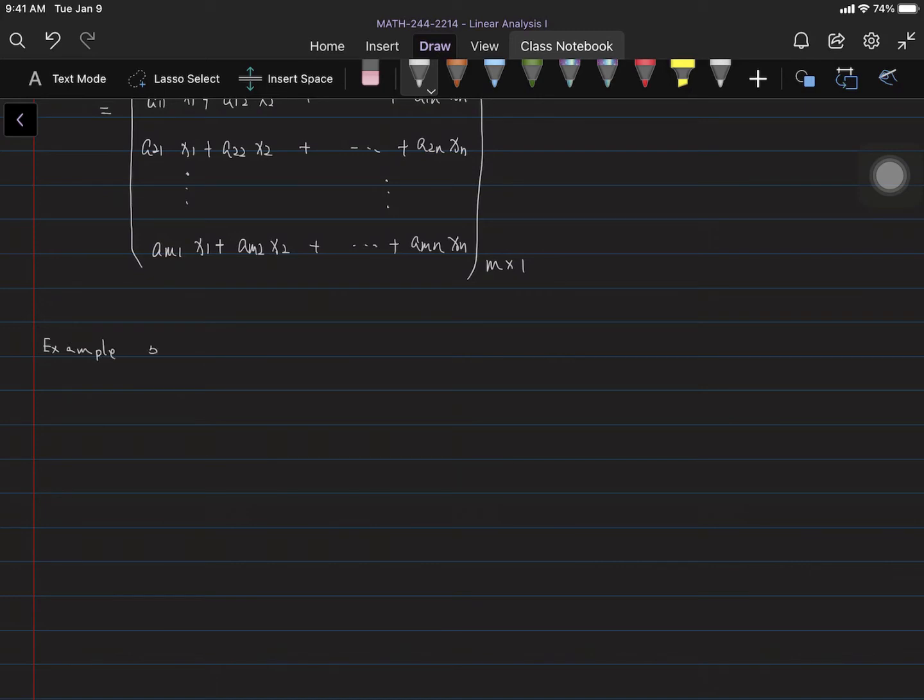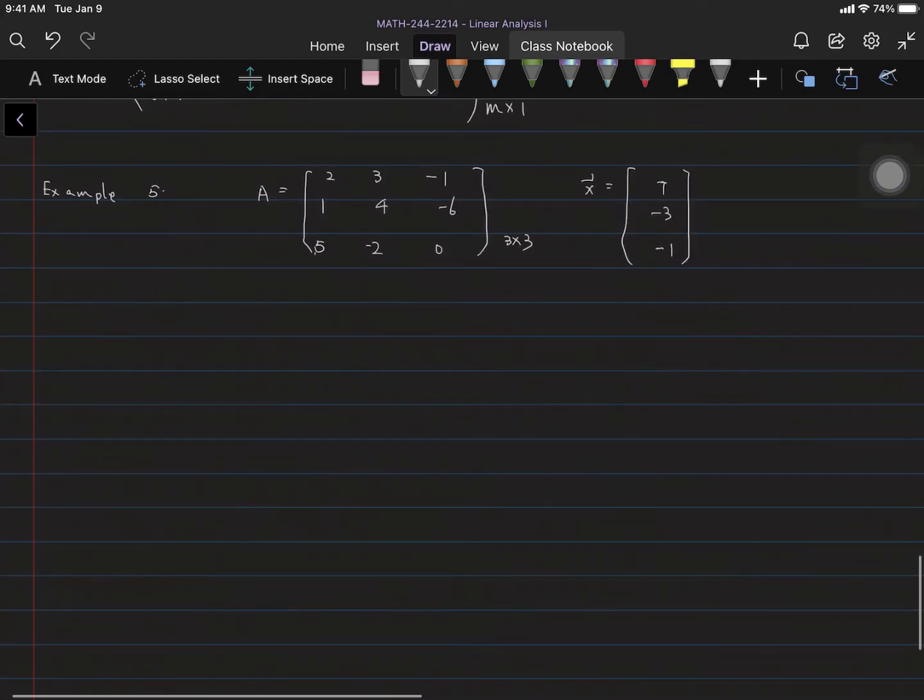Okay, example 5. So here we have a general matrix. This is 3 by 3. Five, 92, 0. And here we have a matrix X, which is 7, -3, and 1. Let's see, AX equals what? So we can just use the definition.